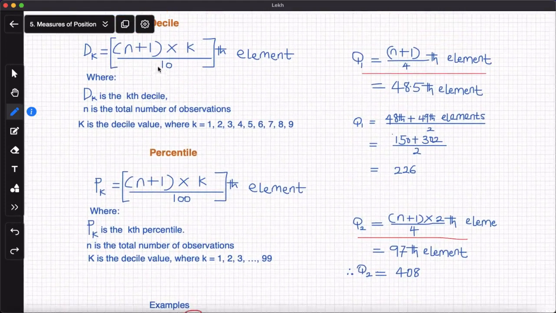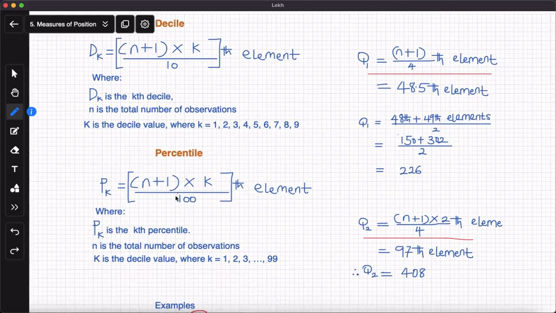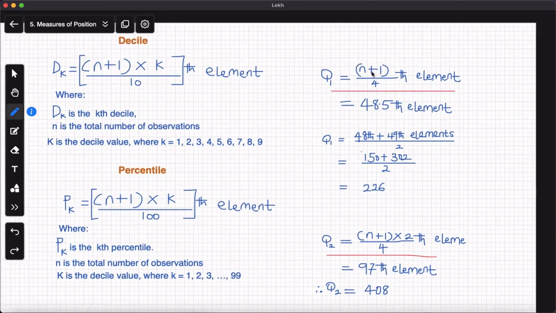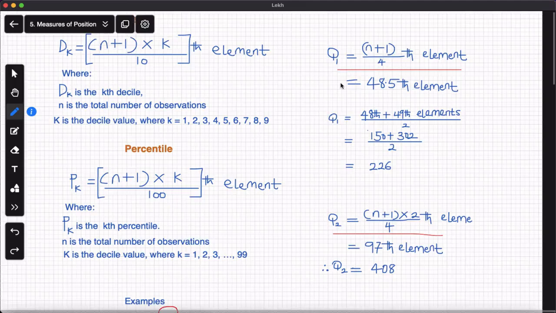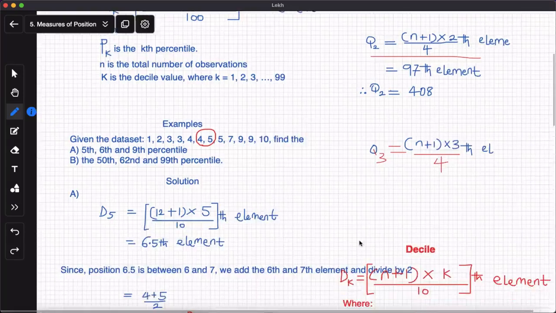The data set is divided into 10 equal parts in the decile, but we only have 9 deciles. The data set is divided into 100 equal parts using the percentile, but we only have 99 percentiles. The data set is divided into 4 equal parts using the quartile, but we only have 3 quartiles.